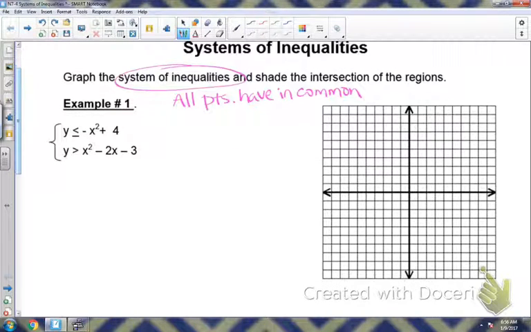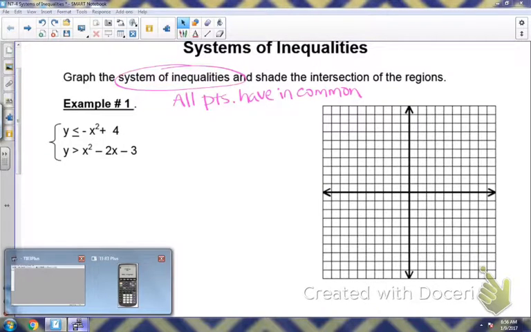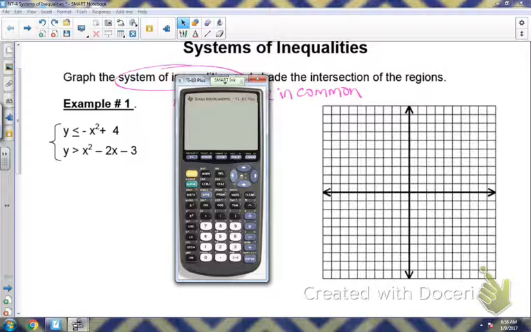We have two different, if you notice, both of them will be quadratics, so two different parabolas that we're going to graph, and we're going to find the points that they have in common. So we're going to use the calculator. The first one, I'm going to type in y equals negative x squared plus 4.